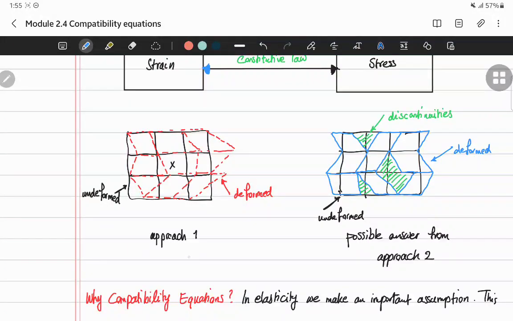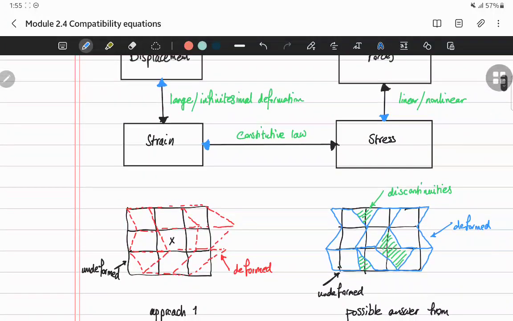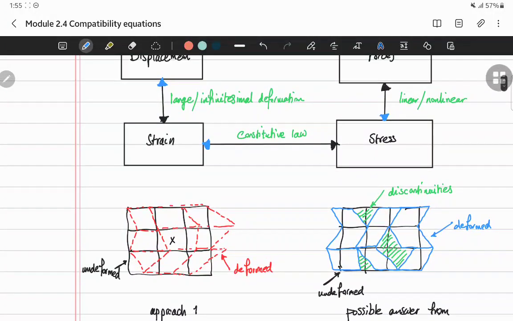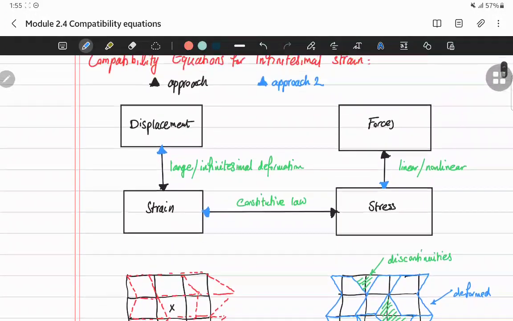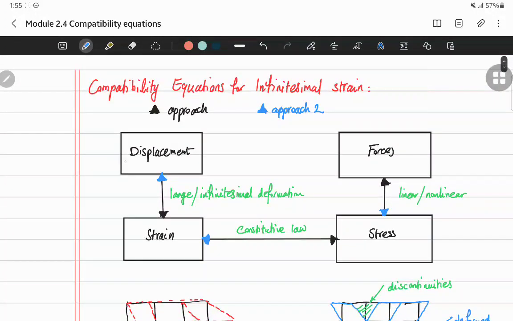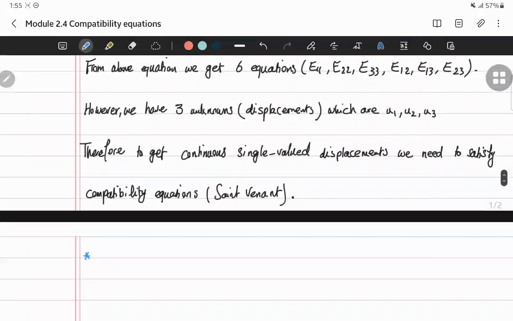So if we use approach 1 and we move from a displacement field, we already satisfied this continuous single valued answer, or the compatibility equation.